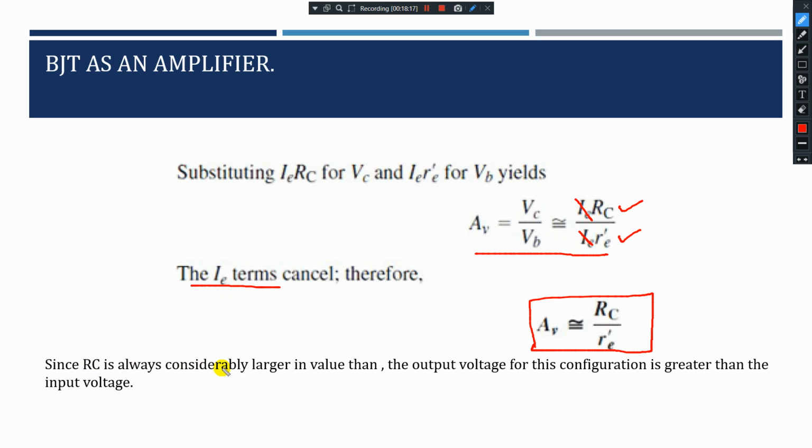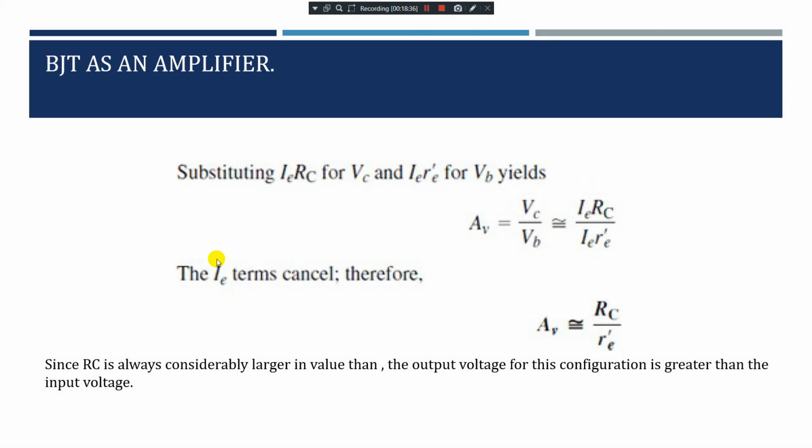Since RC is always considerably larger in value than RE, the output voltage for this configuration is greater than the input voltage. So always you can see RC is considerably larger, so your gain will be larger with respect to input. That is the reason it is called an amplifier. Okay, BJT is an amplifier.